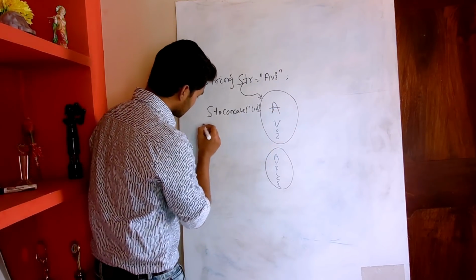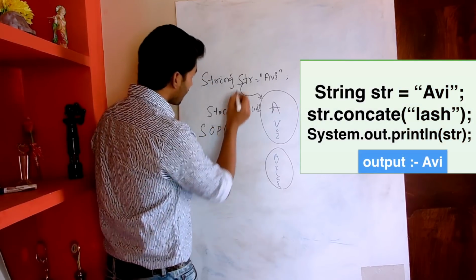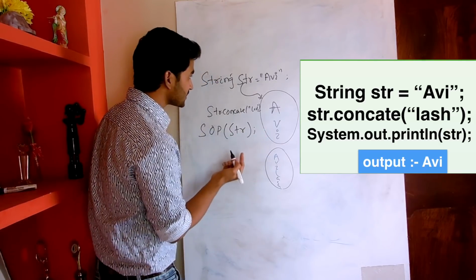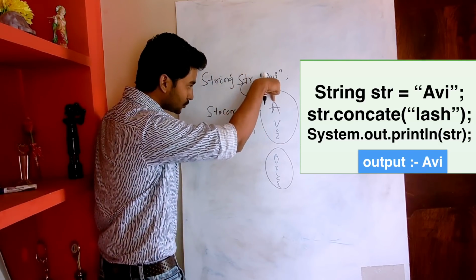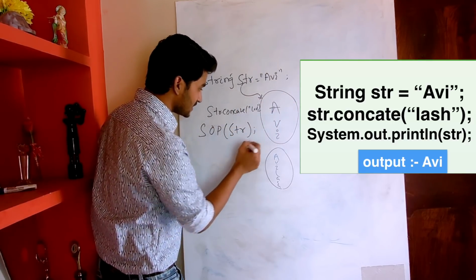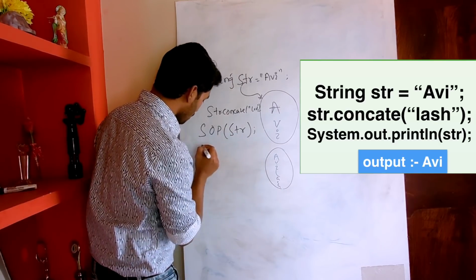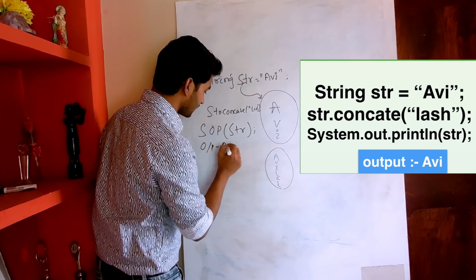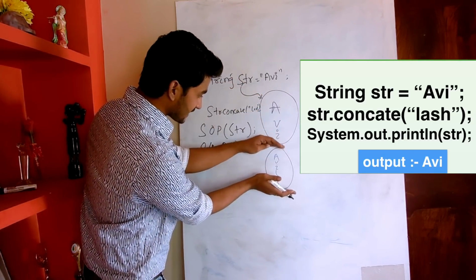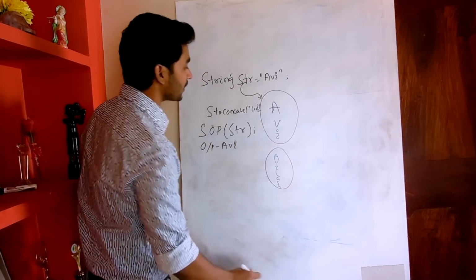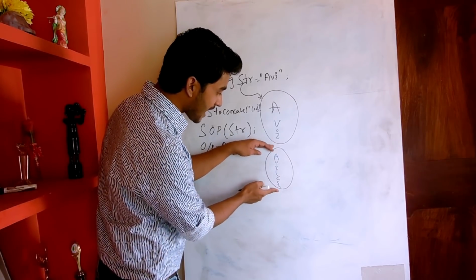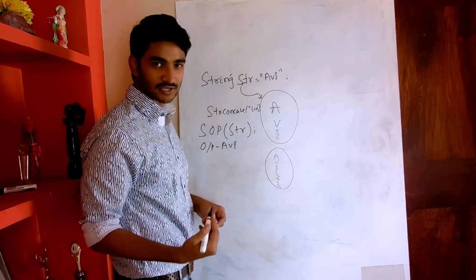Now if I print System.out.println(str), what is it going to give me? Very simple. str is referencing this particular object, whose content is Abhi, so the output will be Abhi. If I try to modify, a new object is created. But notice that right now this new object does not have a reference, so it is eligible for garbage collection.